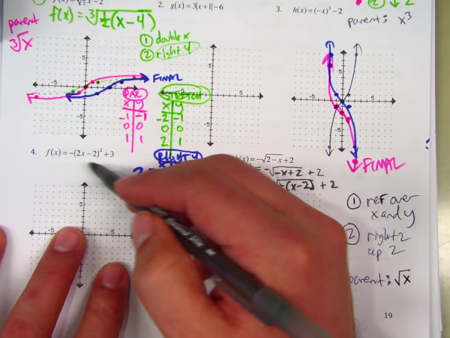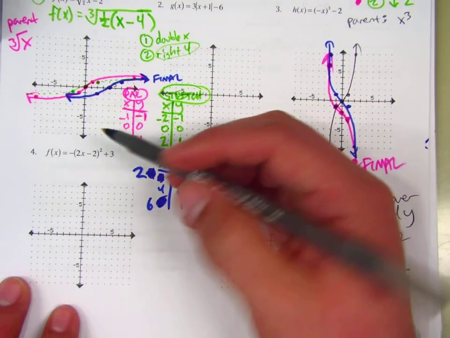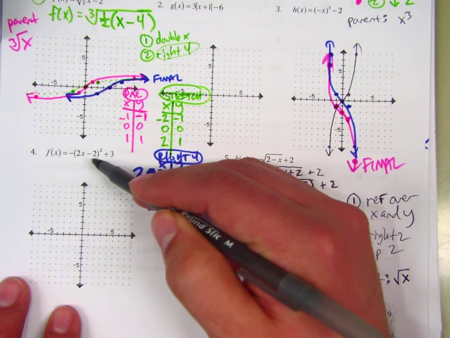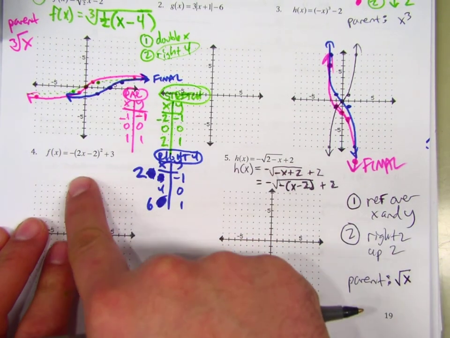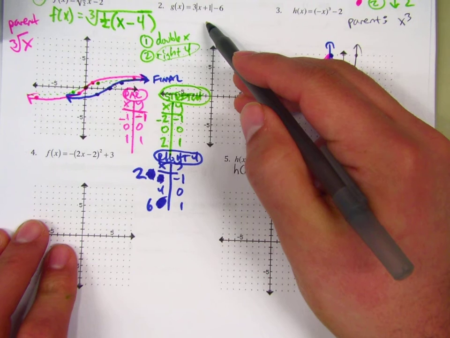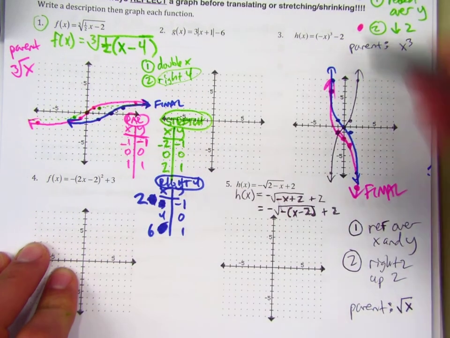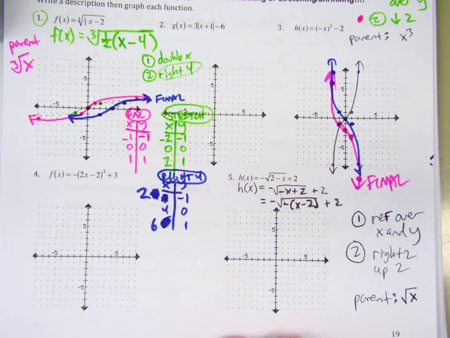Like for example here, what parent, let's do that, because if we can't identify the parent graph, we're in trouble, right? What parent graph is this going to be? Just x squared, normal parabola. It's going to get shifted around and all that stuff, but it's a parabola, right? What about this one? What's the parent graph here? Absolute value of x. This one we already did. Do you guys see how that works? Keep it very simple and then move everything around.